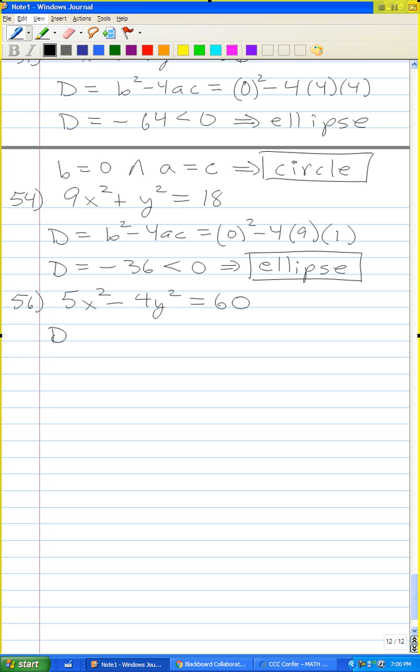And so the discriminant, b squared minus 4ac, is, well, b again is 0, a is 5, c is negative 4, and so my discriminant is a positive times negative, which is positive 80. And so this is a hyperbola.